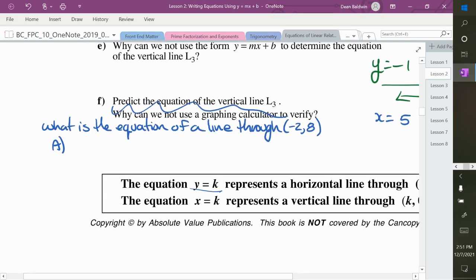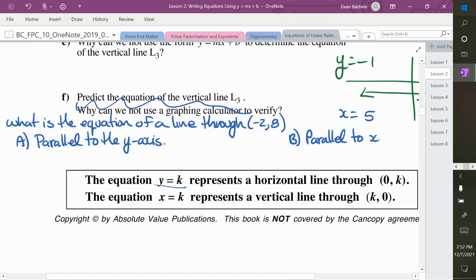A is parallel to the y-axis, and B is parallel to the x-axis.